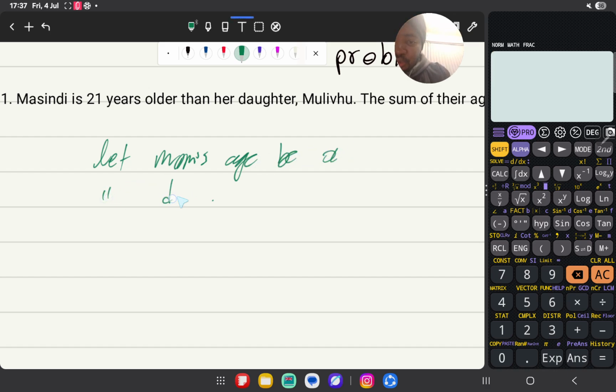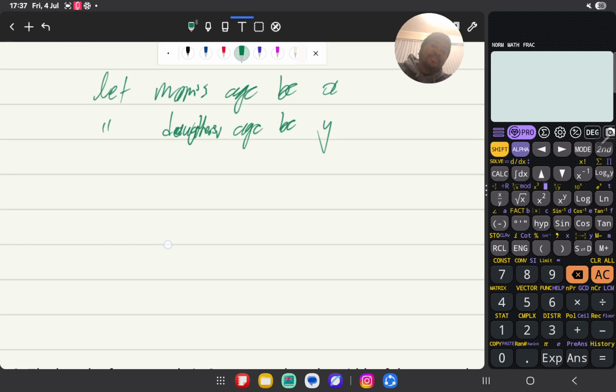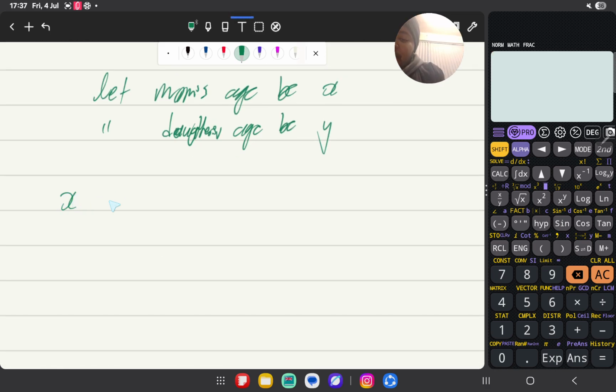And let daughter's age be Y. So now you know that their ages together give you 37, and you also know that the mother, which is X, is 21 years older than her daughter, which is Y. And now it has become something we are more familiar with.